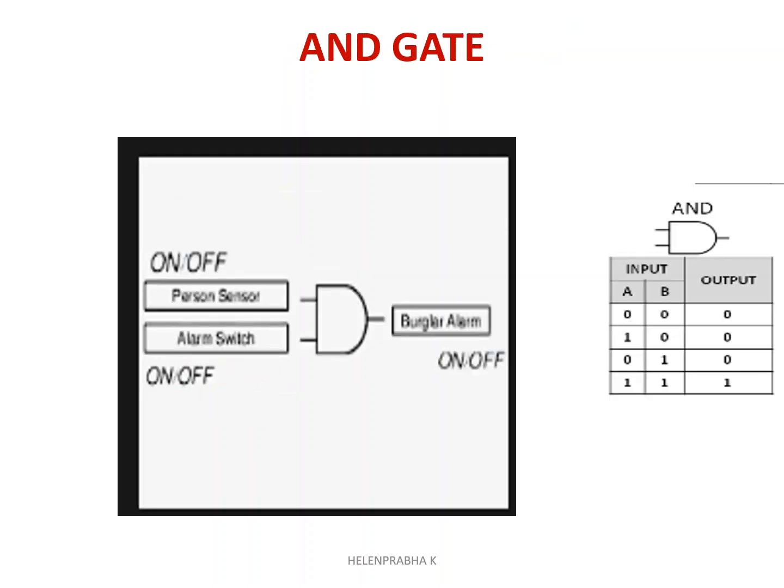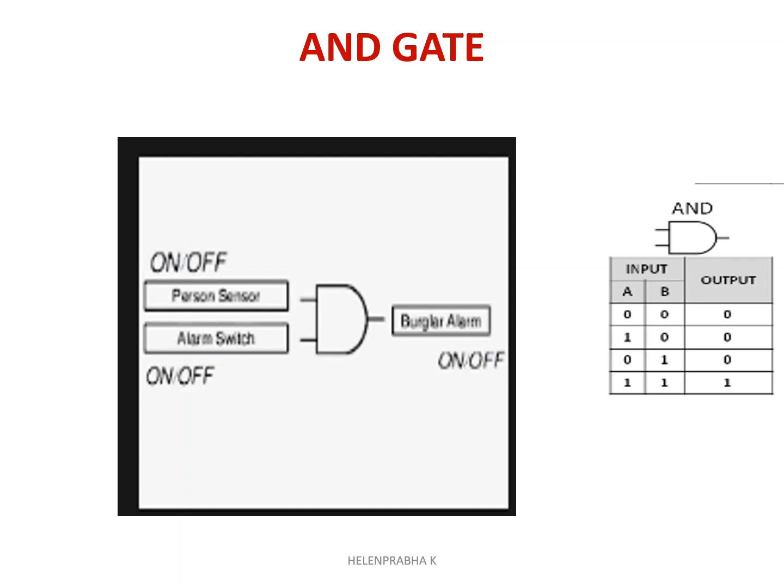So next we will see the AND gate. AND gate, 2 inputs and 1 output. If both the inputs are high, then only you will get the output high. So you can use this AND gate for your burglar alarm at your home. You can place one switch inside, the alarm switch is always on.